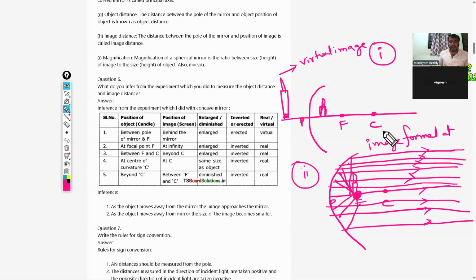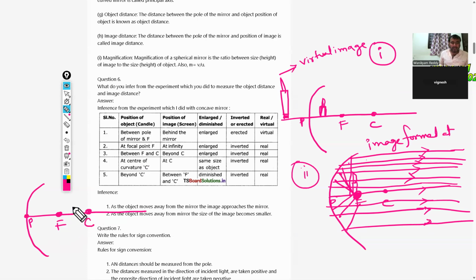Image formed at infinity. Now, object kept between F and C. This is the pole, focal point, center of curvature.